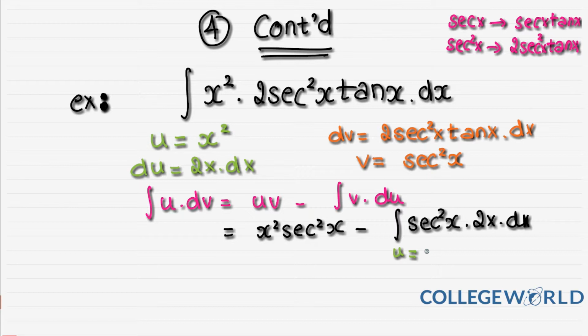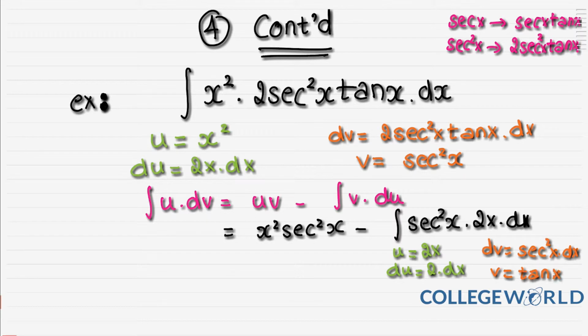In other words, if your u is equal to 2x, your du is simply going to equal 2. And you have to put the dv, which will only be sec squared x dx. And this is very easy to integrate because you know that differentiating tan x gives you sec squared x. And then you reapply the integration by parts, uv minus v du.